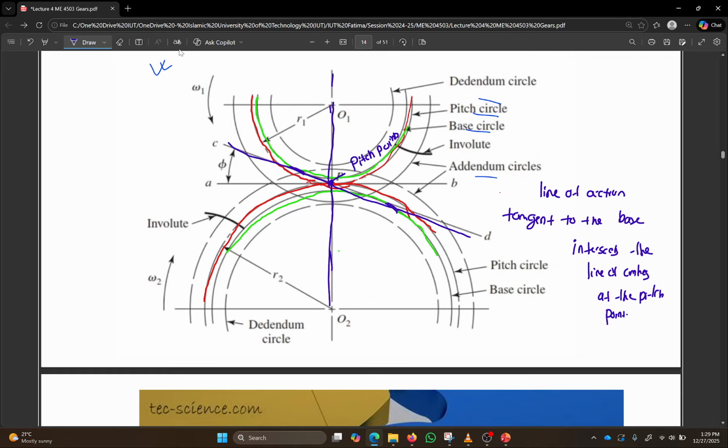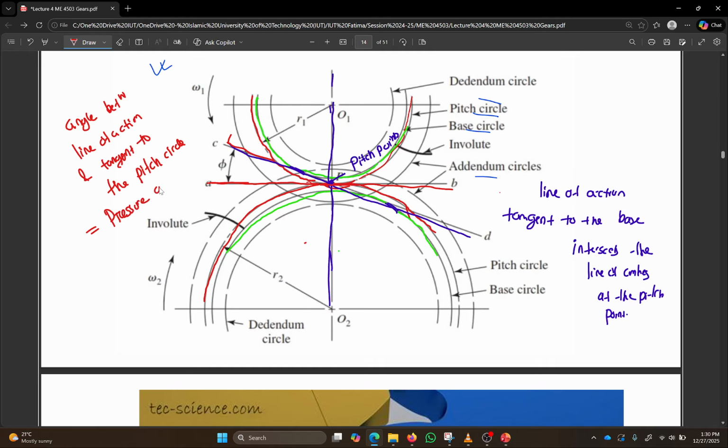Now, if I draw a tangent to the pitch circle, this line is a tangent to the pitch circle, and this is the line of action. The angle between these two lines, the line of action and the tangent to the pitch circle, is called the pressure angle.